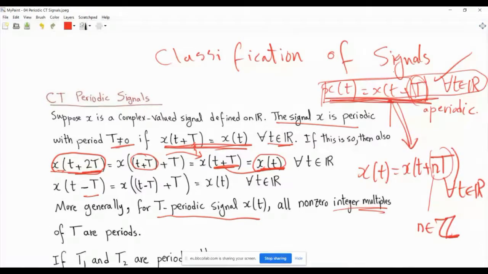If a signal satisfies x of t equal to x of t plus big T for every small t in R, then replacing big T by any integer multiple will basically sustain the equality, and so any non-zero integer multiple of big T is a period. Zero is not a period because the equation of the definition of periodicity is trivially satisfied if big T is equal to 0.